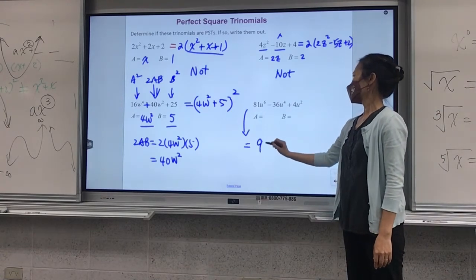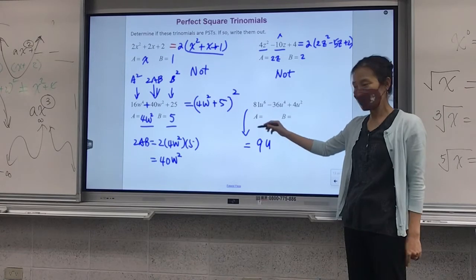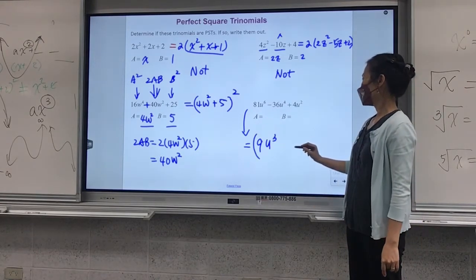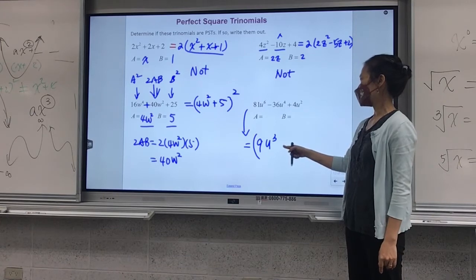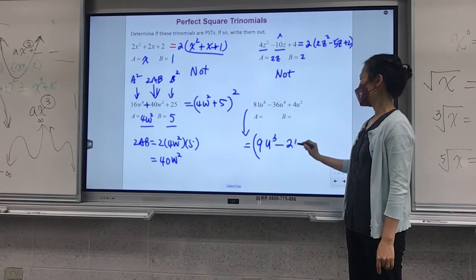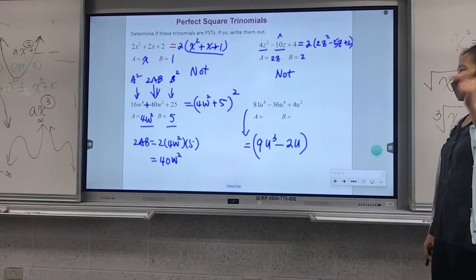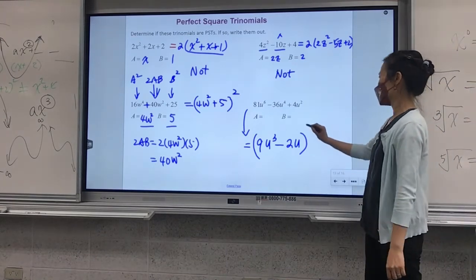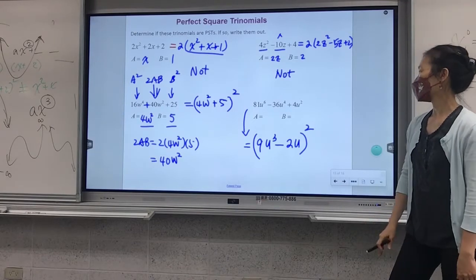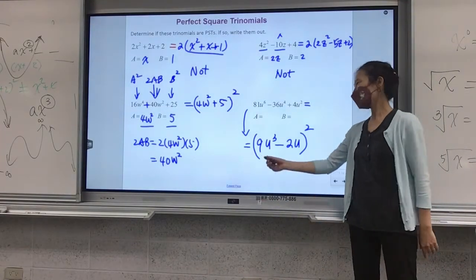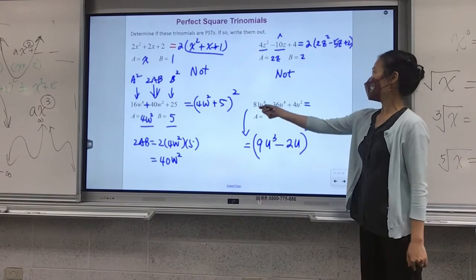9u cubed, 6, 2u, plus or minus. Actually, this one is not completely factored. This is a perfect square trinomial, but what can you factor out here?